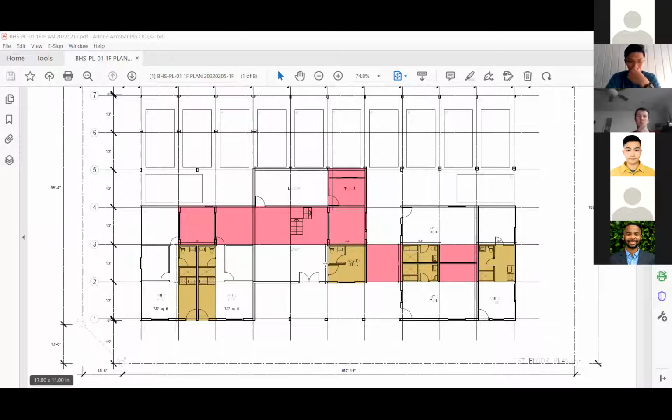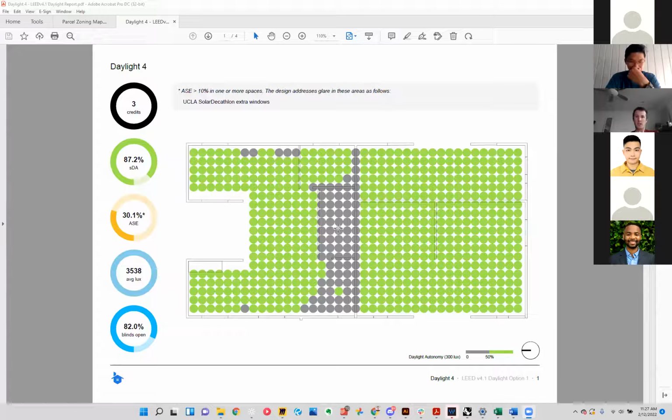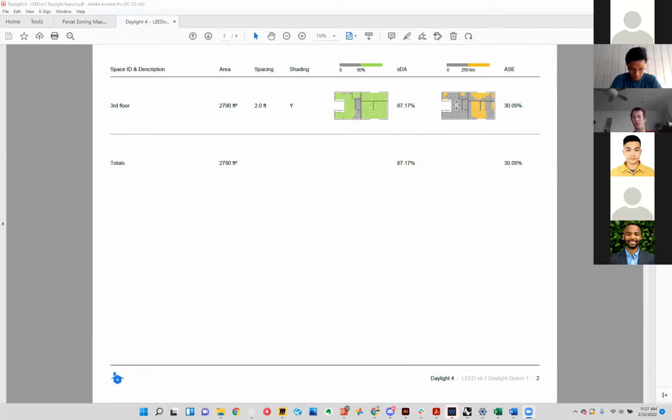I can show a little bit of what the simulation produces. If I can share the screen, just for reference. It ends up looking like this. This is actually just for daylight autonomy, but you basically place these sensors in your model, and then you run a simulation, and it shows you where there's daylight and where there isn't.